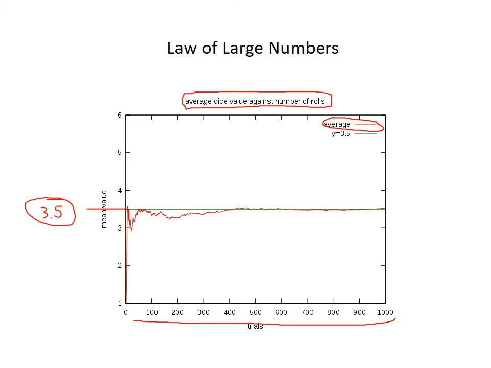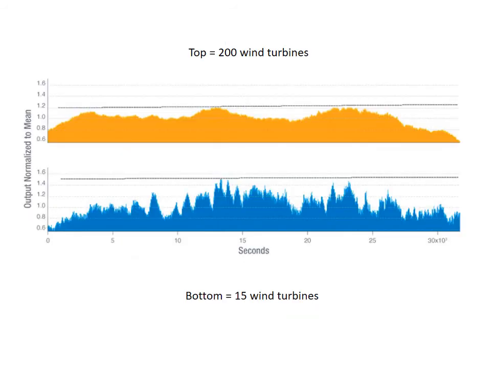But as you roll the dice more and more times, that average value converges, and that is the law of large numbers. It's a clever way of saying it's inevitable that if you roll the dice enough times, eventually the average value converges to what you think it's going to be.